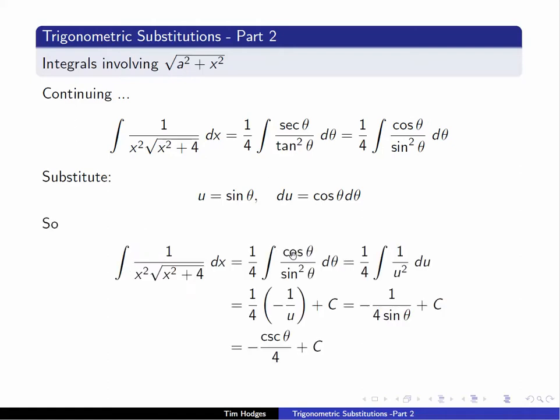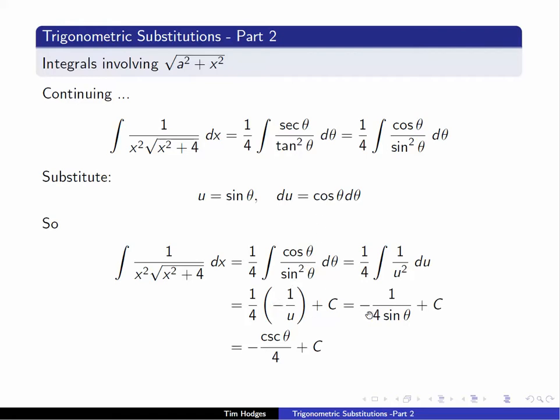The integral of cosine theta over sine squared theta. The cosine theta d theta part becomes du, leaving us with just a sine squared to deal with, and that's just u squared. So this whole thing becomes 1/4 the integral of 1 over u squared du. And we know the antiderivative of 1 over u squared is minus 1 over u.